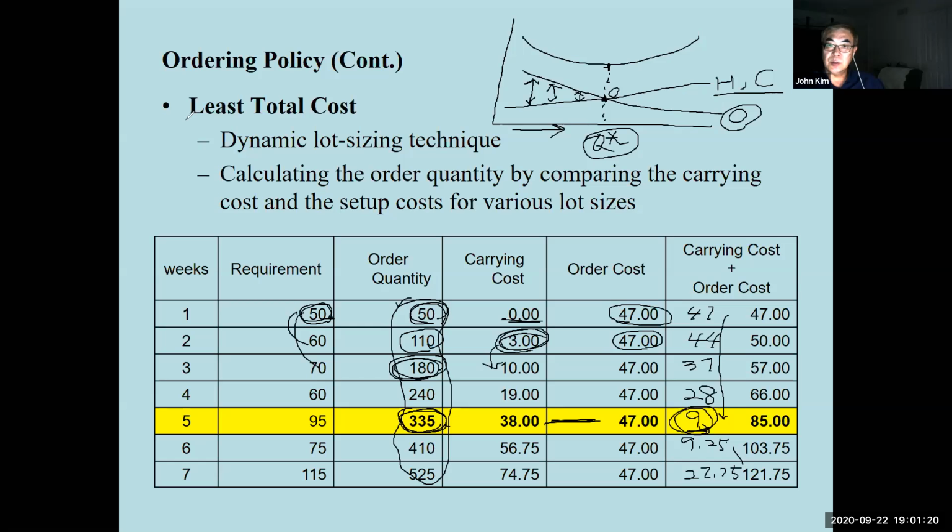So using the least total cost rule, the optimal order quantity is 335.